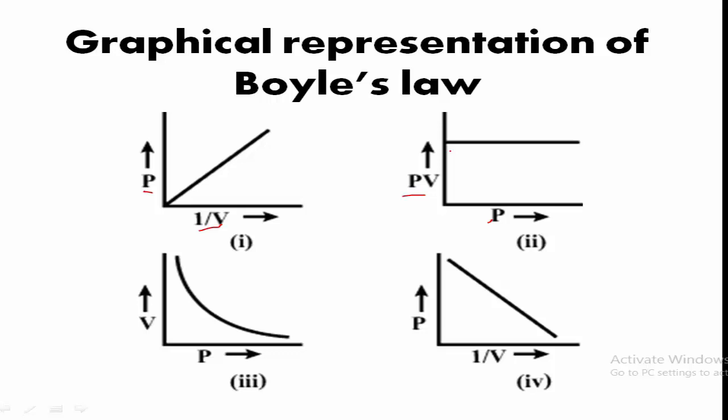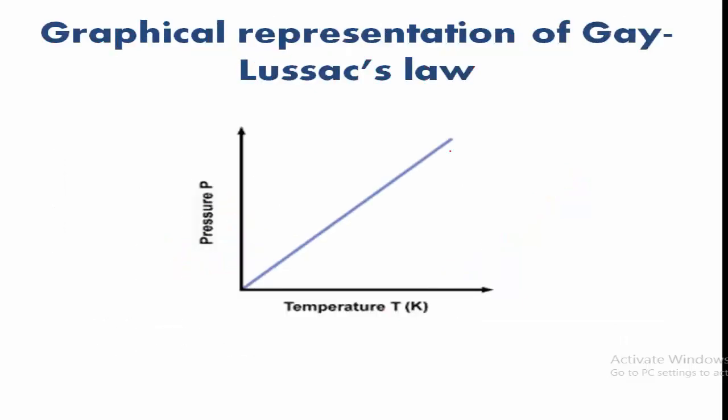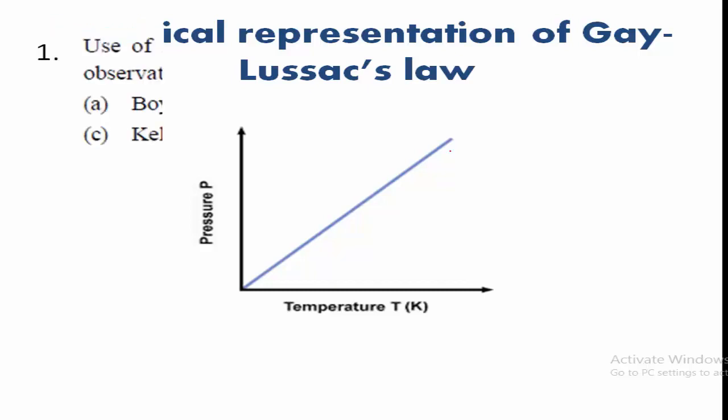Then the graphical representation of Charles' law, which gives the relationship between volume and temperature, and of Gay-Lussac's law, which gives the relationship between pressure and temperature. Just go through all these graphs. Now we will move to the multiple choice questions on the basis of these gas laws and intermolecular forces.